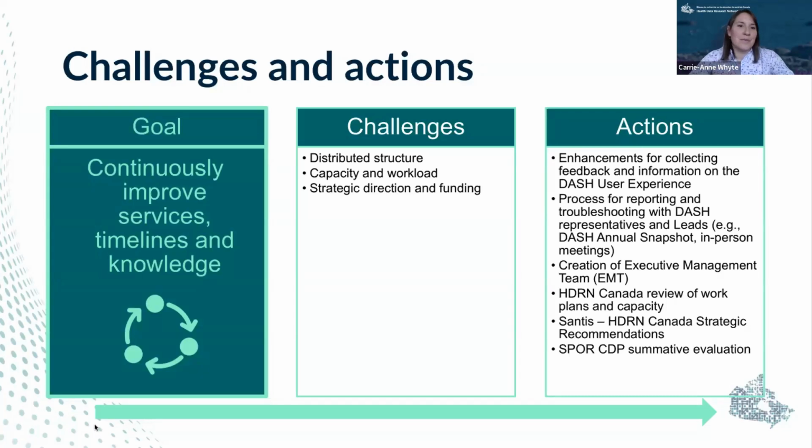And finally, we have this last goal, which is to continuously improve our services, timelines, and knowledge. So we see the same challenges around our distributed structure, capacity of workload, strategic direction, and funding. And some key actions we've taken this year around improving our services will be looking at collecting the Dash user experience information.